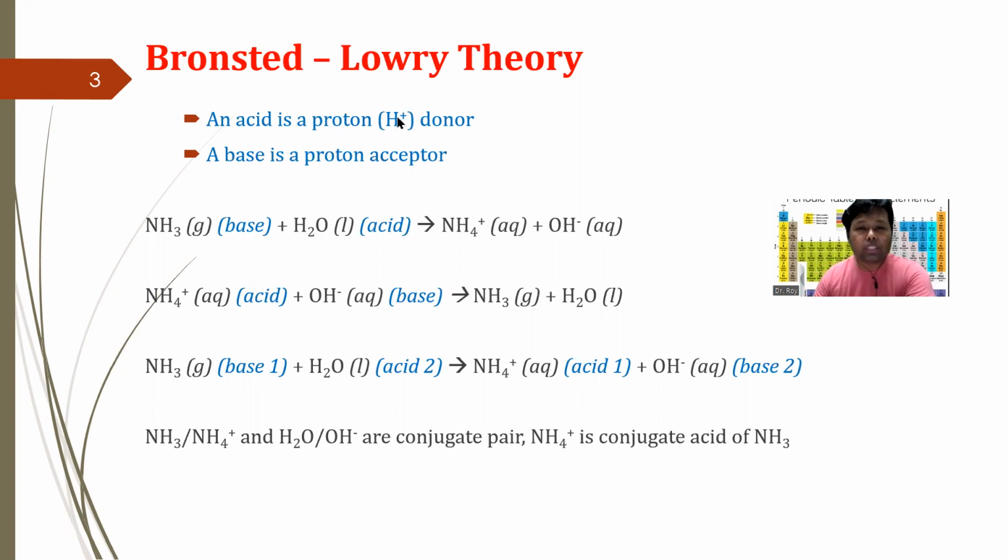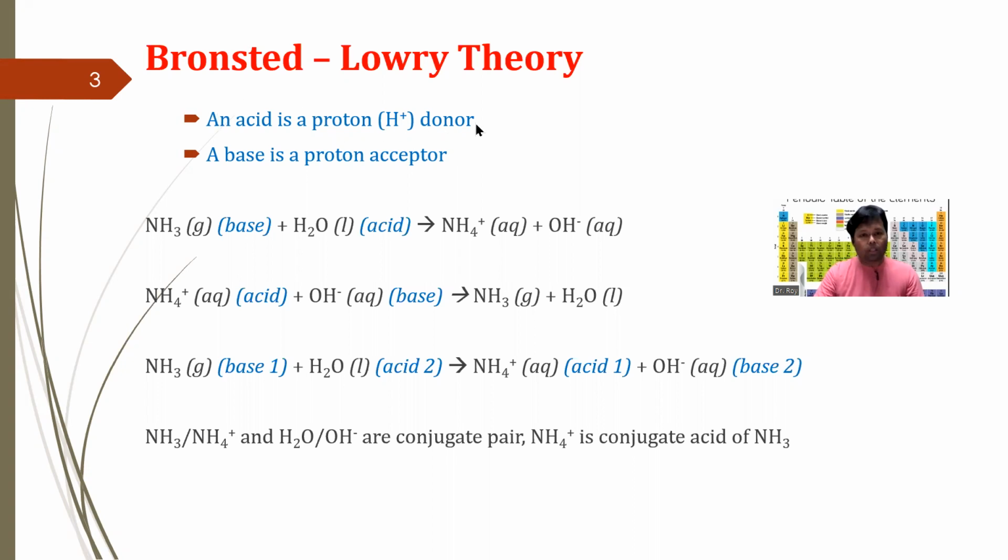As we are considering H plus, this is the hydrogen atom leaving one electron. That means when one hydrogen atom releases one electron, it becomes a proton. So all acids contain hydrogen, and that hydrogen can be donated to someone who can accept the proton.